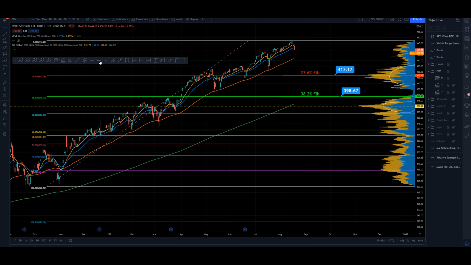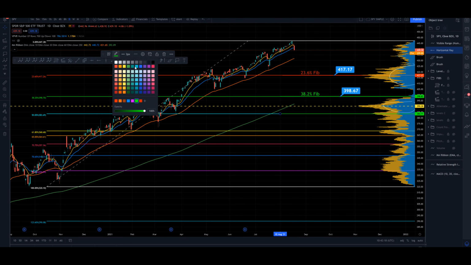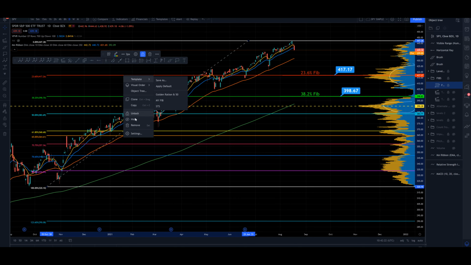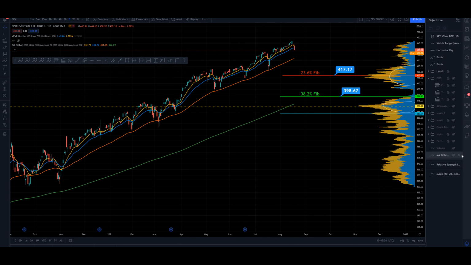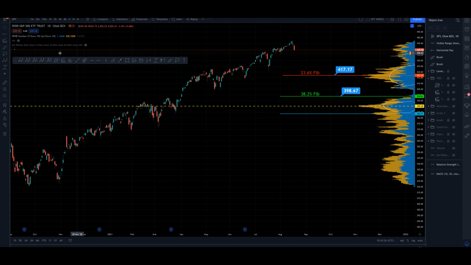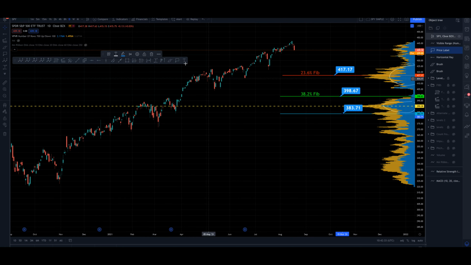So let's just pop in the 50% fib. Okay, we now hide this one. Let's just turn off our ribbon for a moment, it's distracting. What we'll do is we'll pop a price label on here, and we'll lock that in place, and we will lock the line in place, and we will also label it.